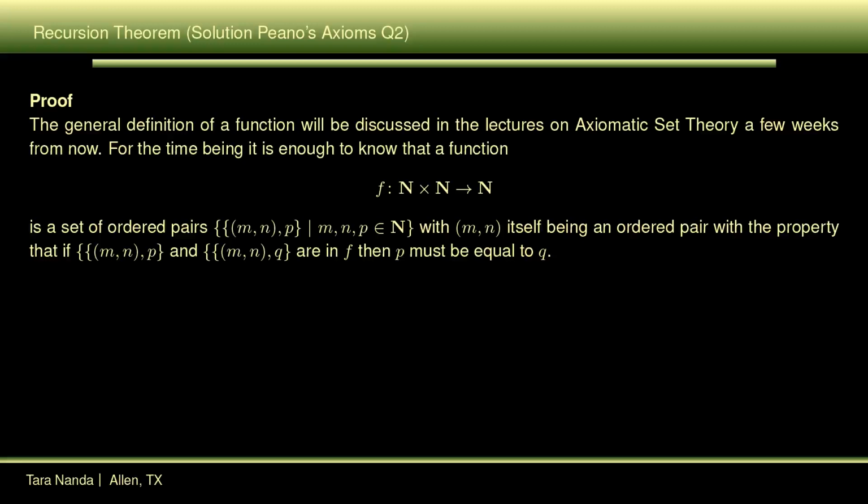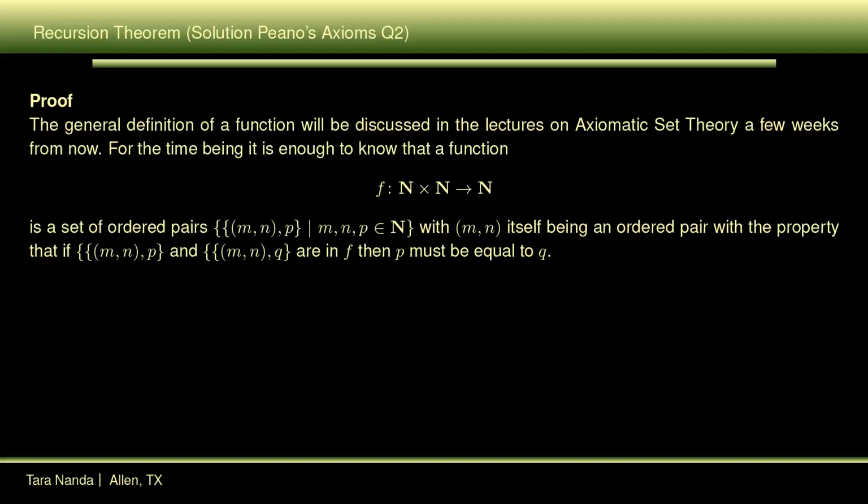Let me repeat some of the things again. You must think of a function conceptually as a set of ordered pairs. The first element in the ordered pair belongs to what is called the domain of f. And the second element in the ordered pair is in the range of f.